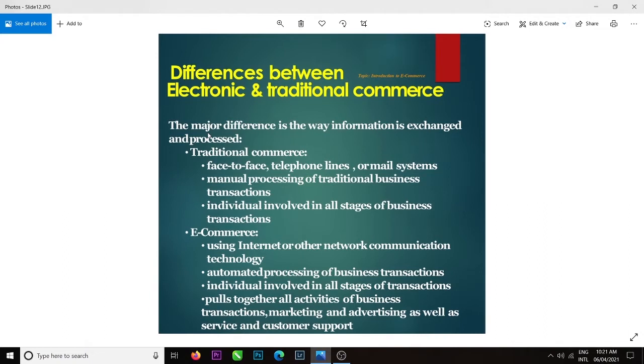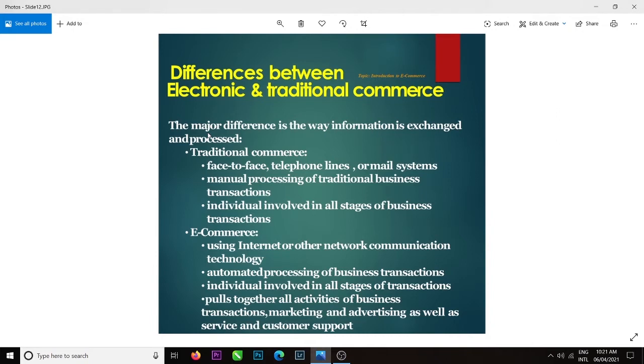Difference between traditional and electronic commerce: traditional commerce is face to face, and electronic commerce uses a network. Traditional commerce is manual processing; electronic commerce is electronic processing. Either in traditional commerce or electronic commerce, individuals' involvement is there at some stage.